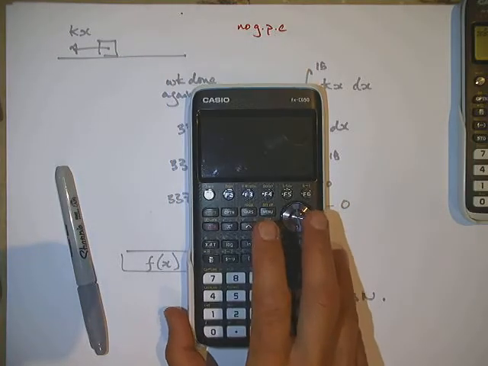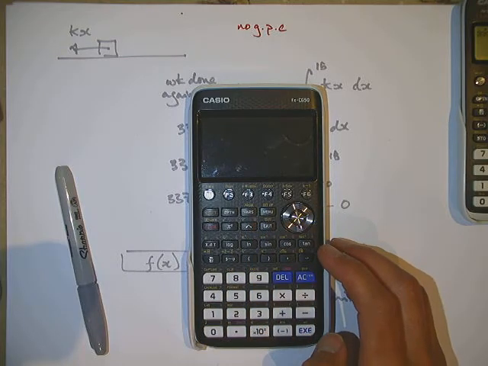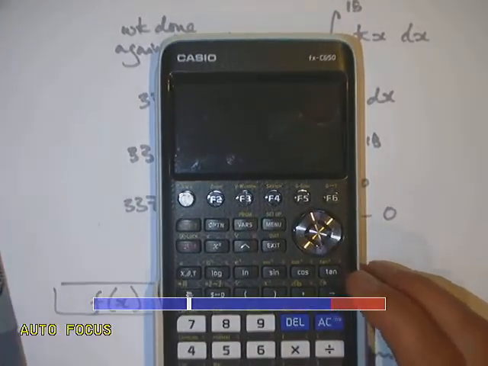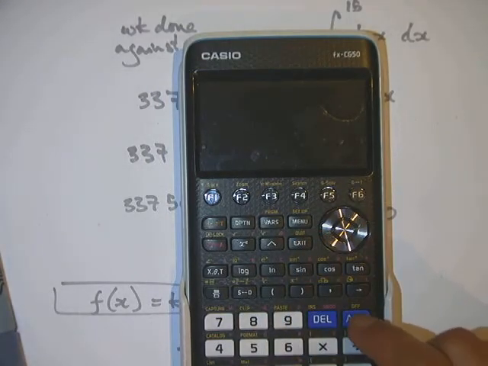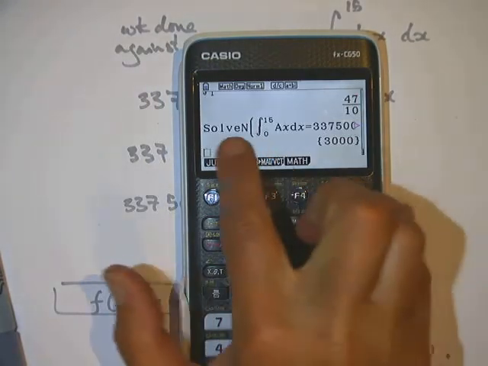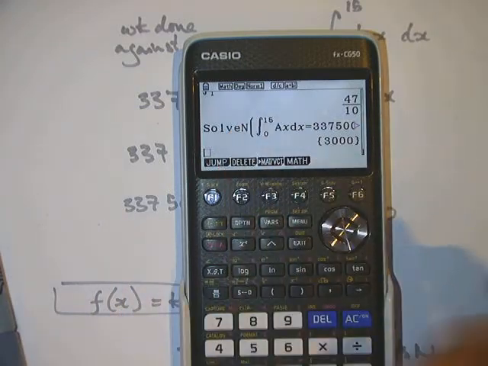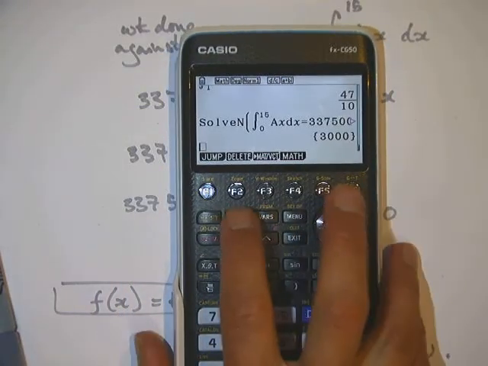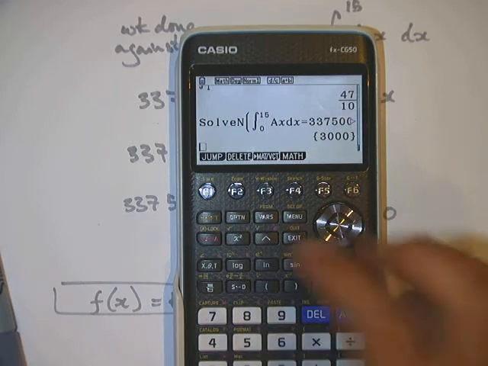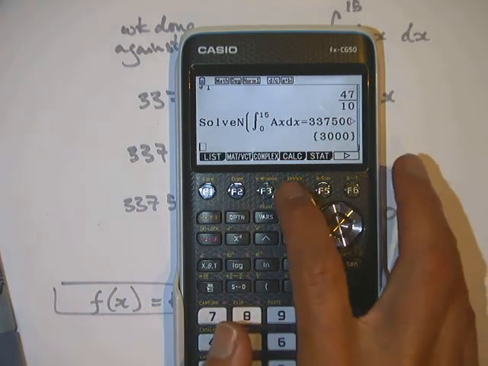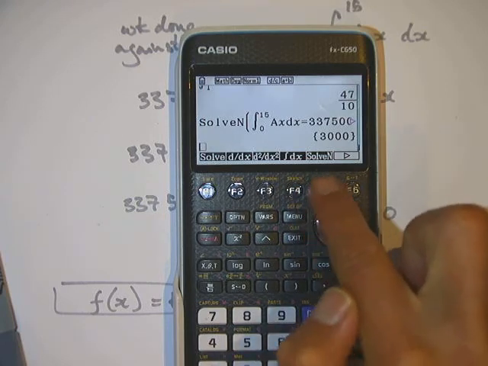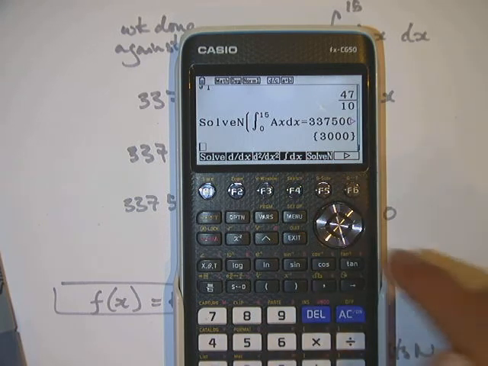Right, I'm just going to show you something hopefully you're going to be impressed by in terms of this last question. I think most of you have got these. I want to say something about that solve n business. If you go to the normal menu, in option and calc, one of the options is this thing, solve n.